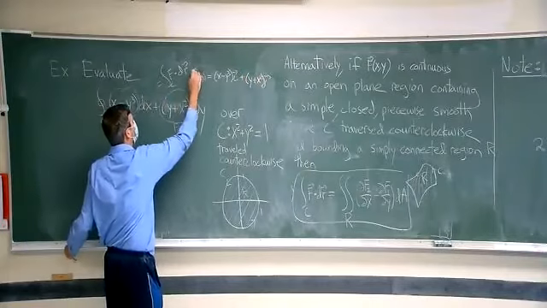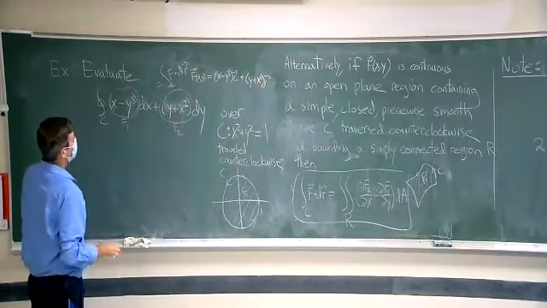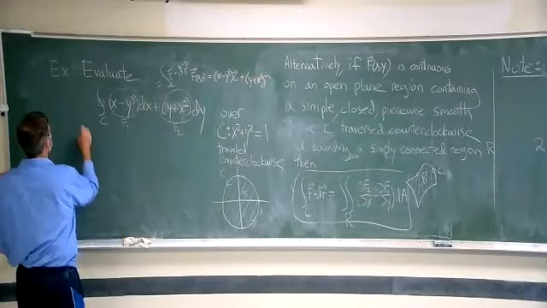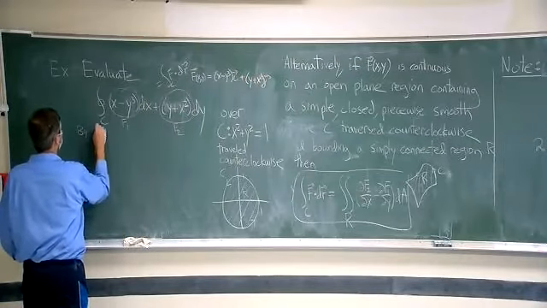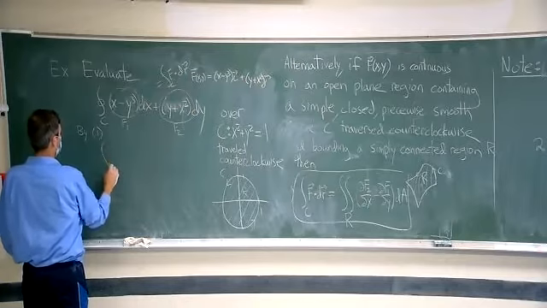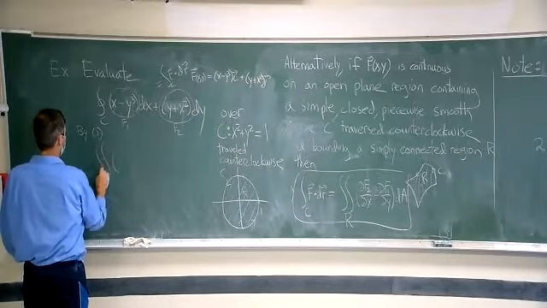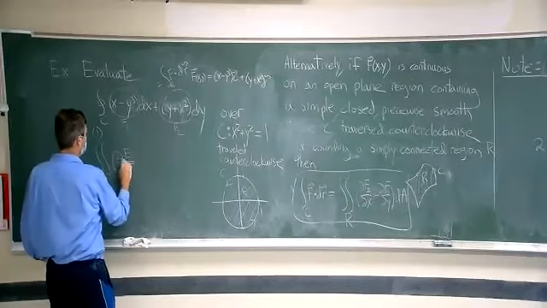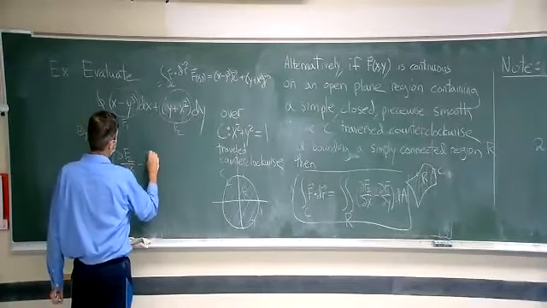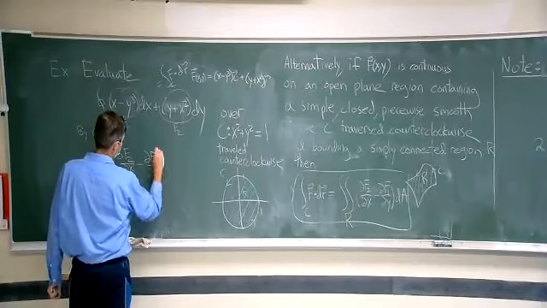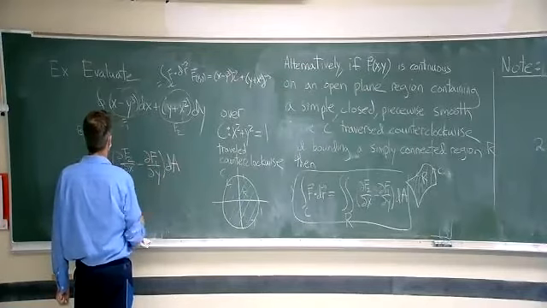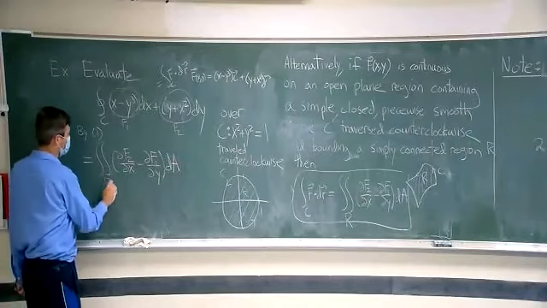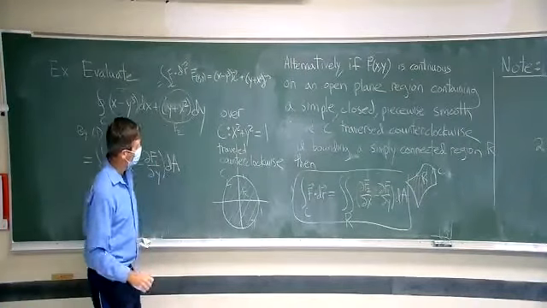Green's theorem then says this, if we apply equation 1: it's the double integral of the partial of f2 with respect to x minus the partial of f1 with respect to y, dA, over the plane region that's enclosed, which means this unit disk.